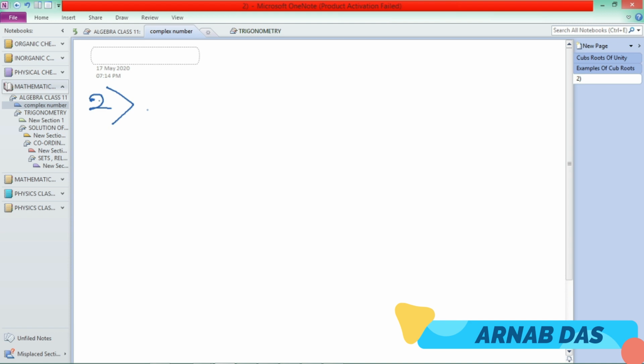Here the problem is a question on a polynomial function from the cube roots of unity.